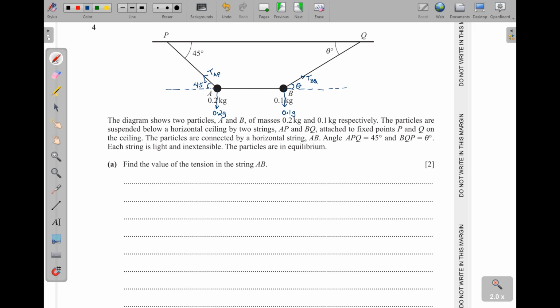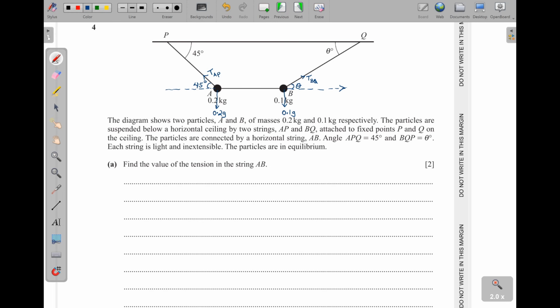Then we resolve the forces. If you have been following me every now and then, you should know that when we are resolving the forces horizontally, when we are closing the angle, it is cosine.